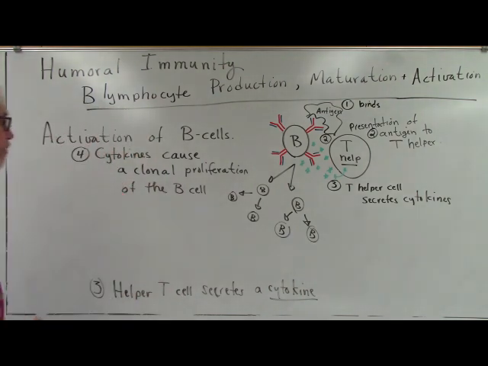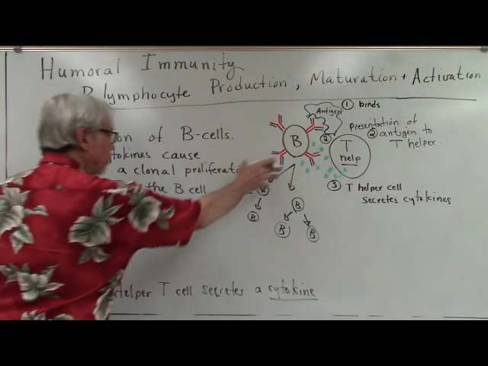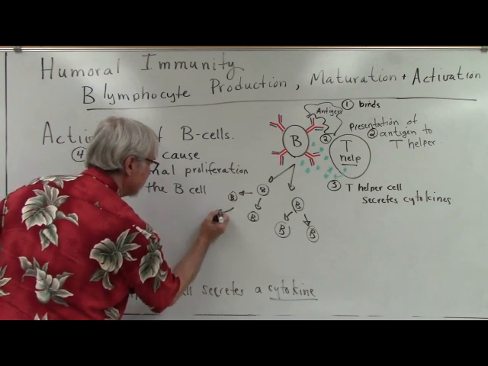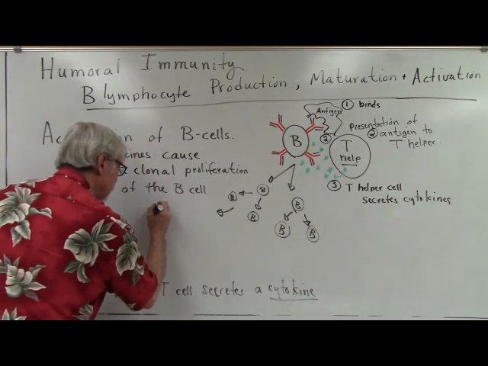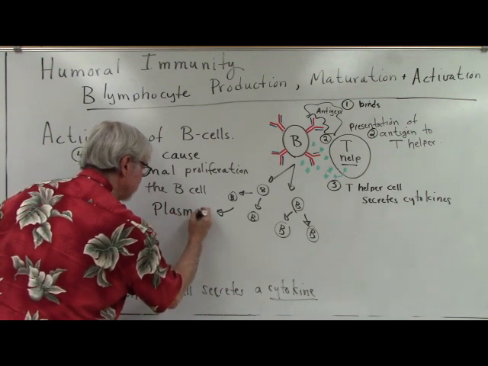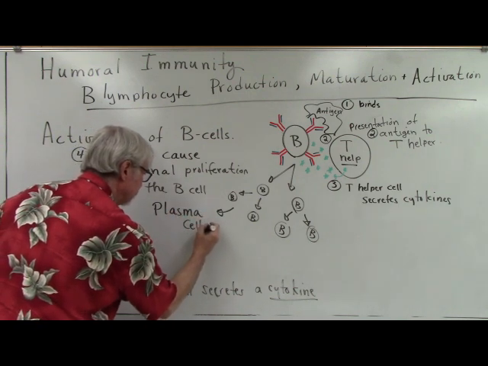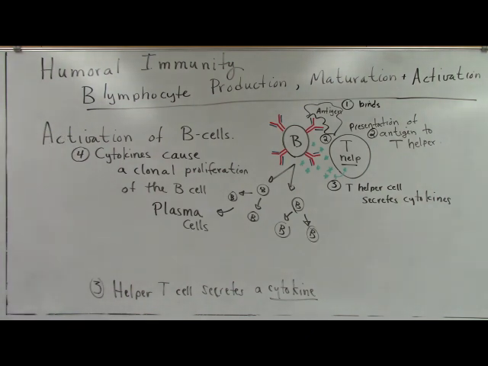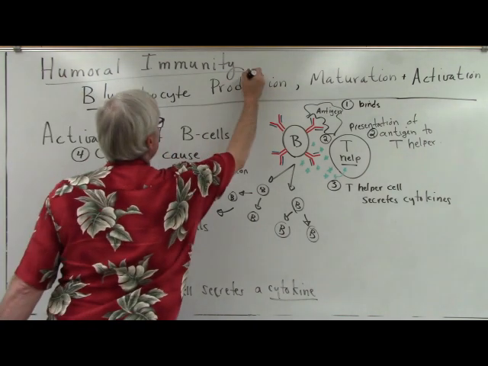And we're going in two different directions here. In one direction, we're going to make what's called plasma cells. Plasma cells have the important task of mediating this humoral immunity.